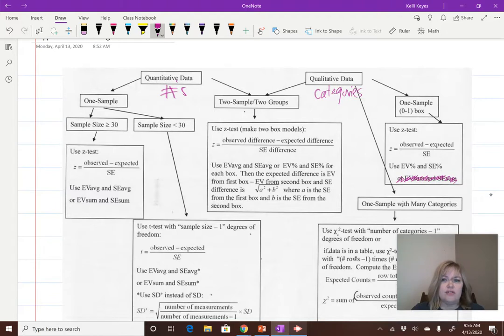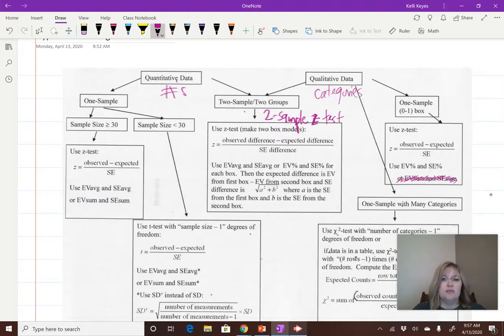If it's qualitative, it can also be 2 samples or 2 groups, and that's where we do the 2 sample Z test.